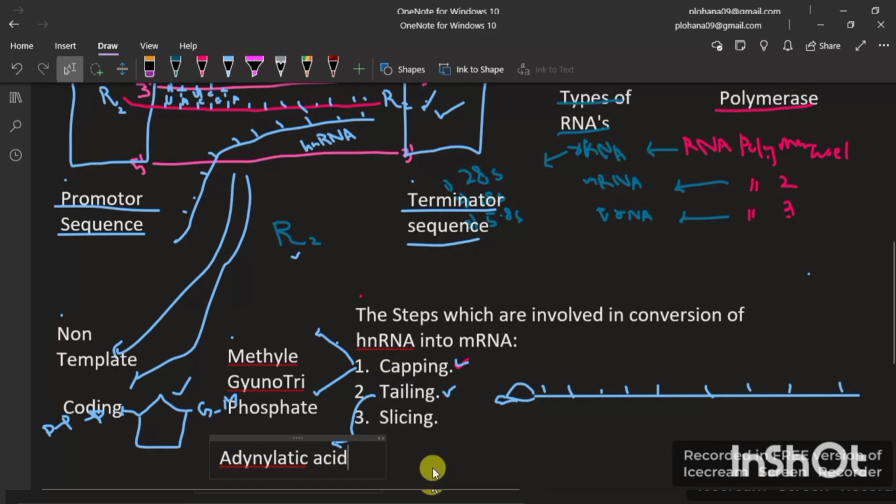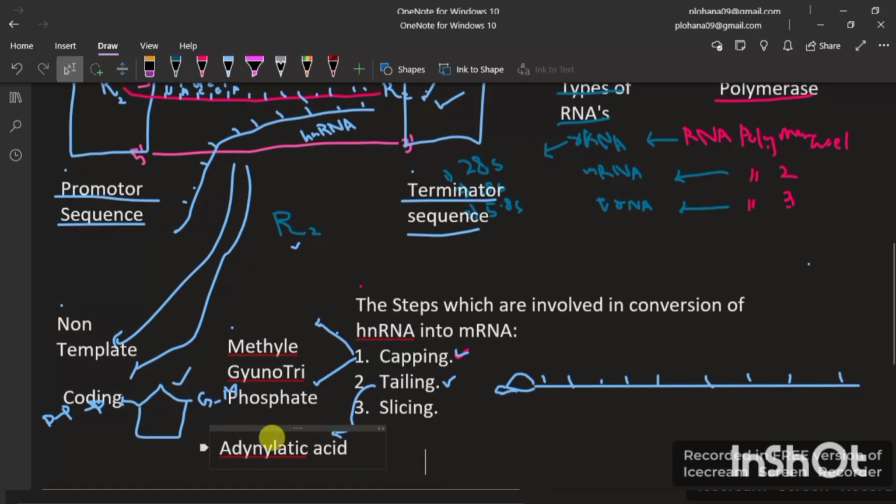Alright. So adenylatic acid. Here I'm just going to make the structure of this. Suppose we have a structure of this acid.